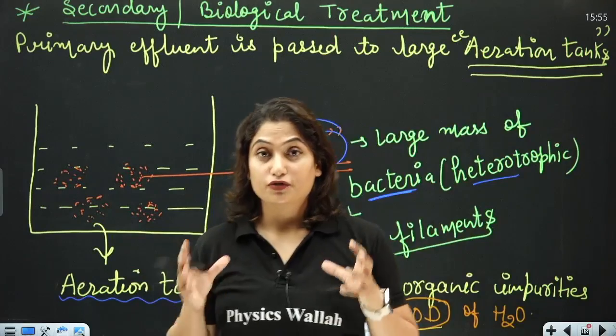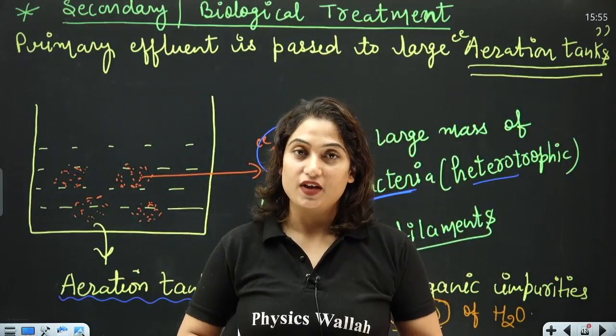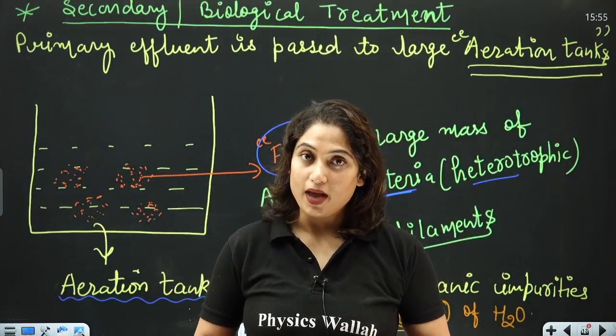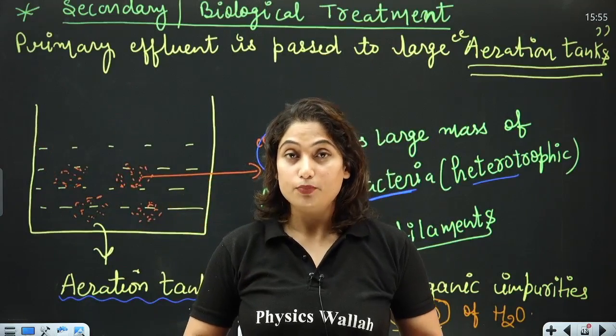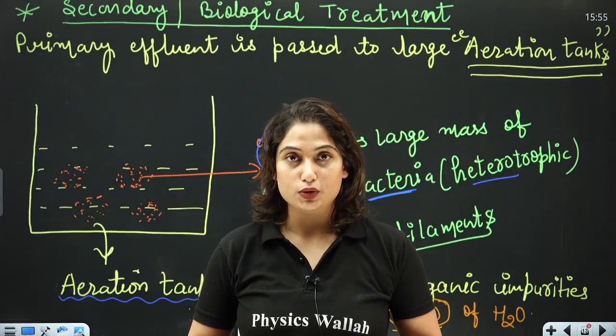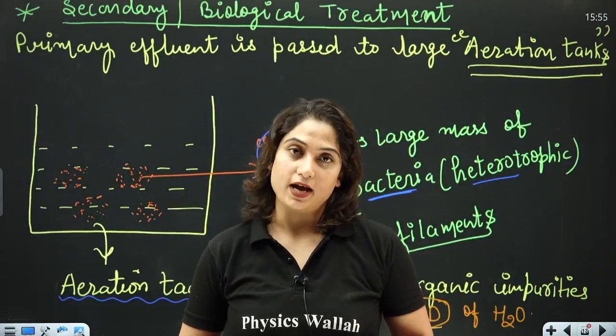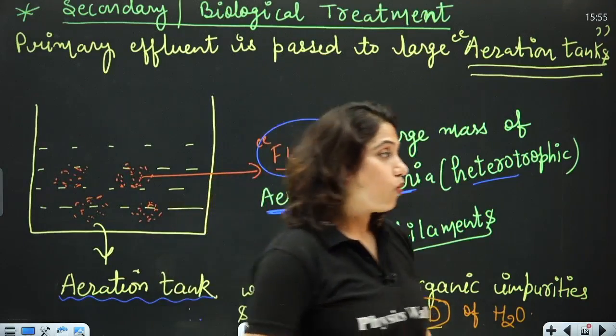The BOD of primary effluent was very high, but when the water is passed on to the aeration tank, the BOD of water gets reduced due to the aerobic bacteria. Now let's understand what is BOD.